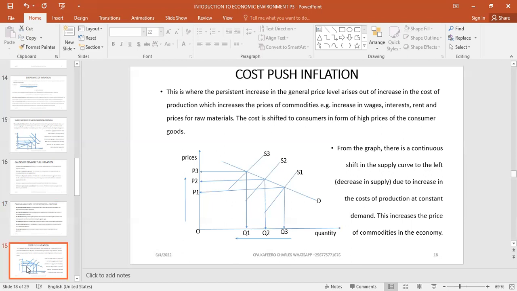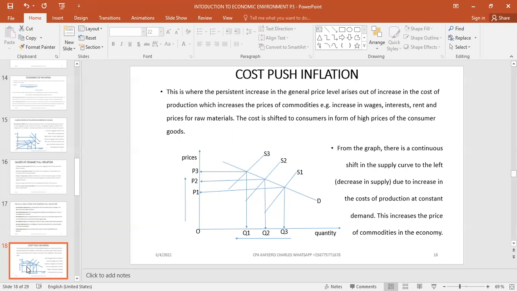Allow me to talk about the second classification of inflation by causes. The second one is cost push inflation. As you hear the word, it is cost push, meaning it's the cost of the factors of production causing an increase in the prices of the commodities.